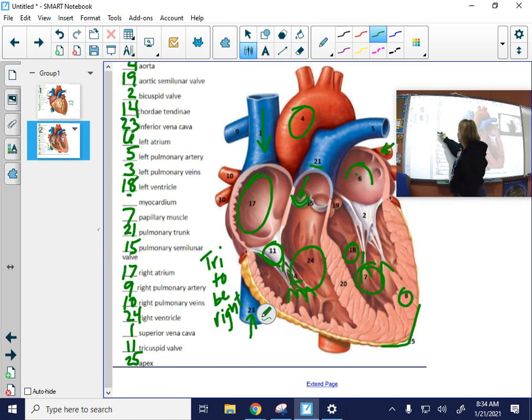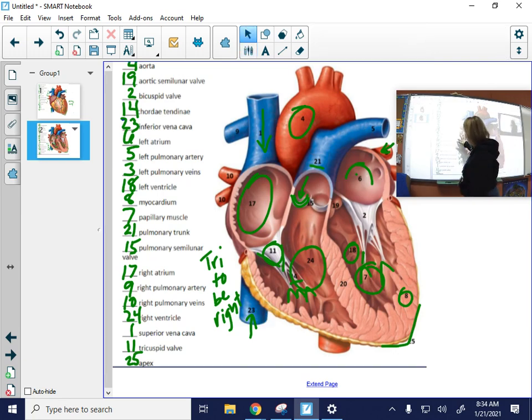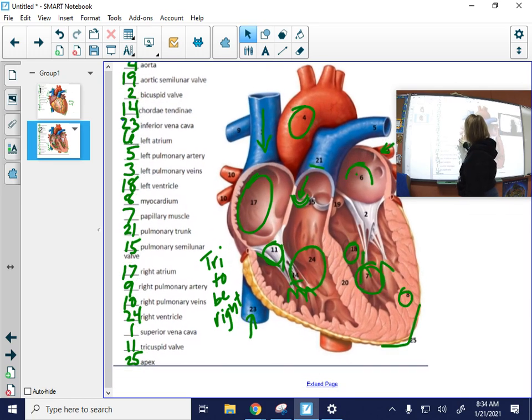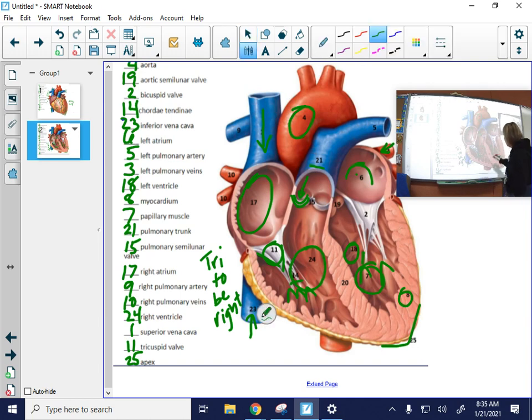That's muscle. And where's my septum? I guess I didn't write it on here, unless I'm losing my mind. This is the septum. And what the septum does is it separates the right from the left ventricle, but it's very muscular because when the muscle contracts, it is also contracting.